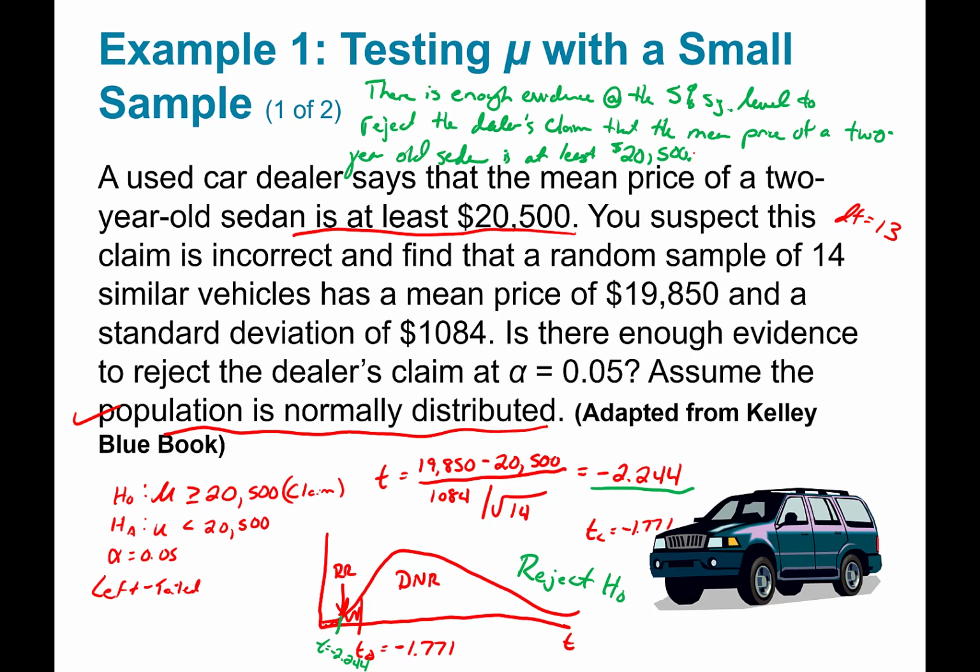So again, notice the similarities to doing it with the Z distribution. The difference just being that we're using S instead of sigma.